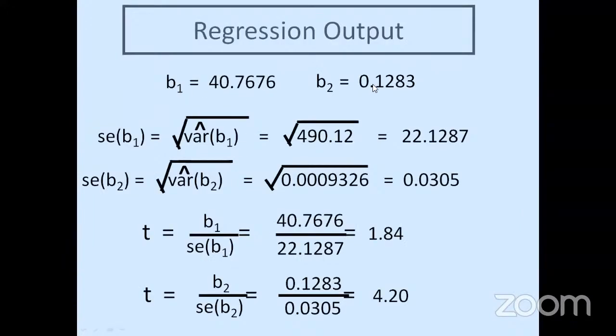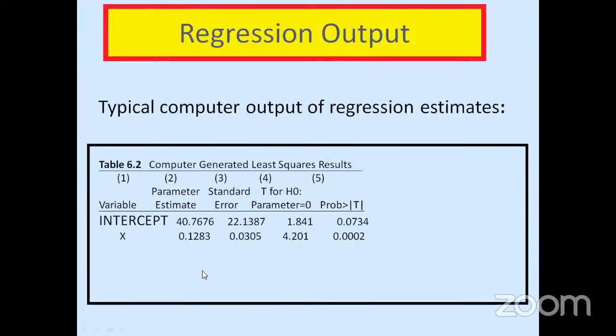The standard error of B1, the square root of its variance, we got as 22.18, and the standard error of B2 we got 0.035. Beta B1 divided by its standard error gives the t value, and likewise for beta 2. We use this beta value to explain the variations among the relations.